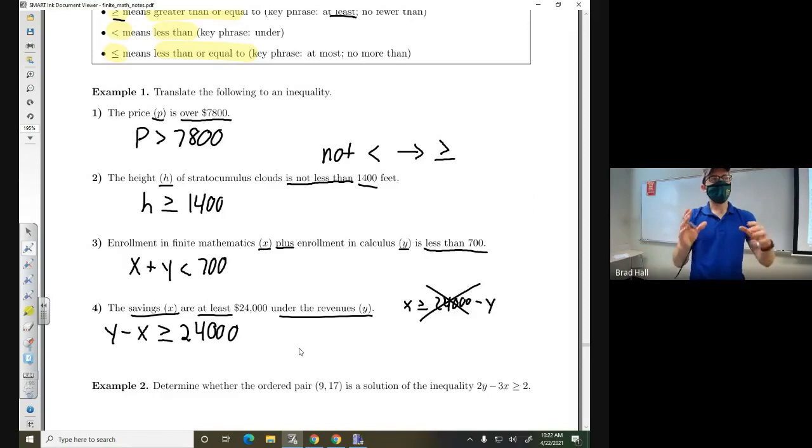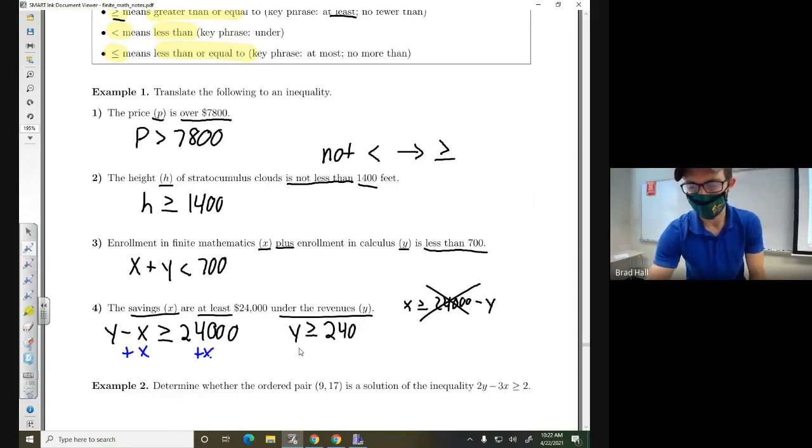But MyMathLab will not accept this answer for some reason. They want you to solve for X. Not too sure why, but I figured I would show you all how to do that. So solving for X, of course, you would add X on both sides. And so you get that Y is greater than or equal to 24,000 plus X. But they still won't accept this answer.